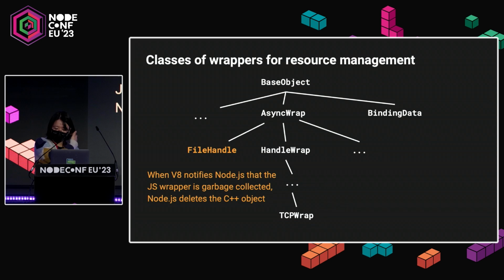And there's also another class of objects like file handle, whose memory management depends on the V8 garbage collector. Usually when the JavaScript wrapper is no longer reachable from the JavaScript land, V8 notifies Node about this, and Node deletes that C++ object.